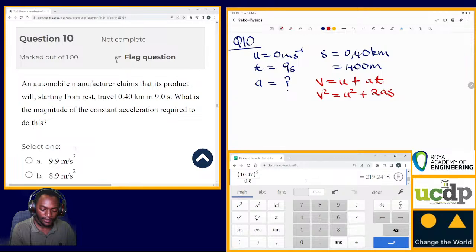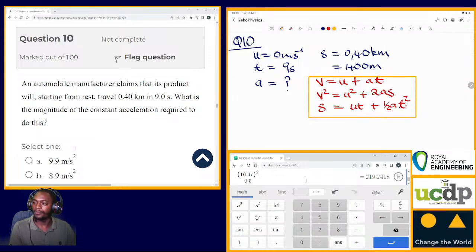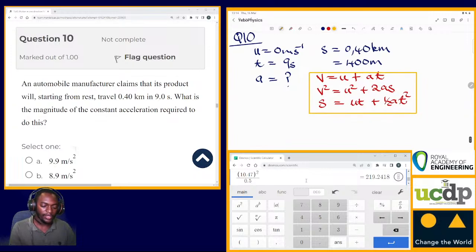Then we also have s is equal to ut plus half at squared.